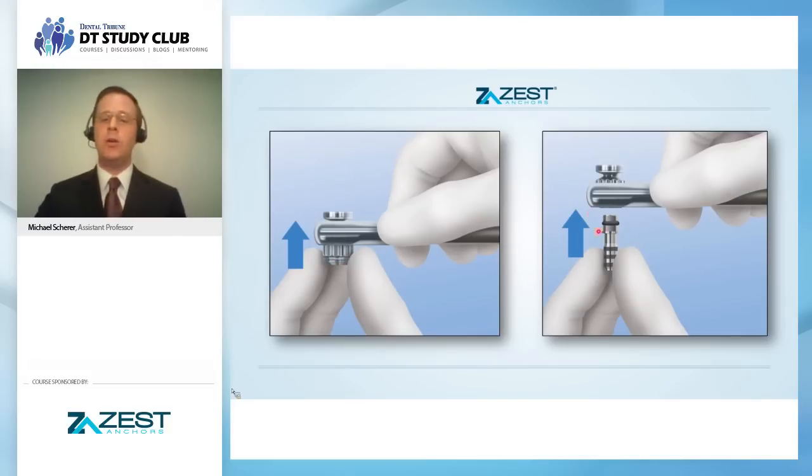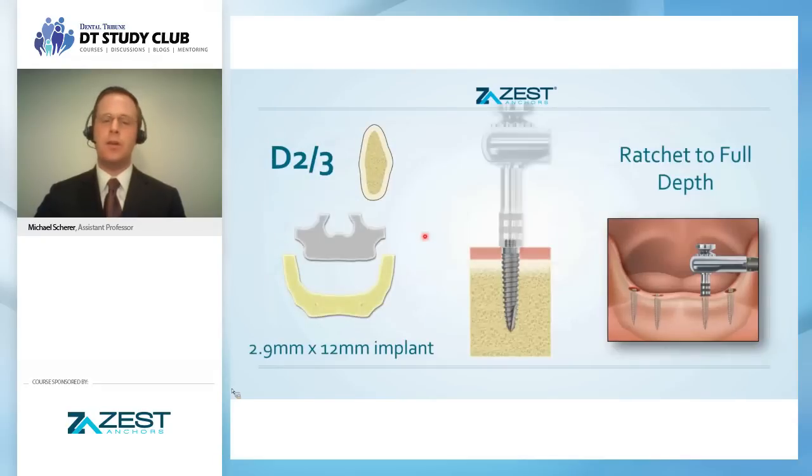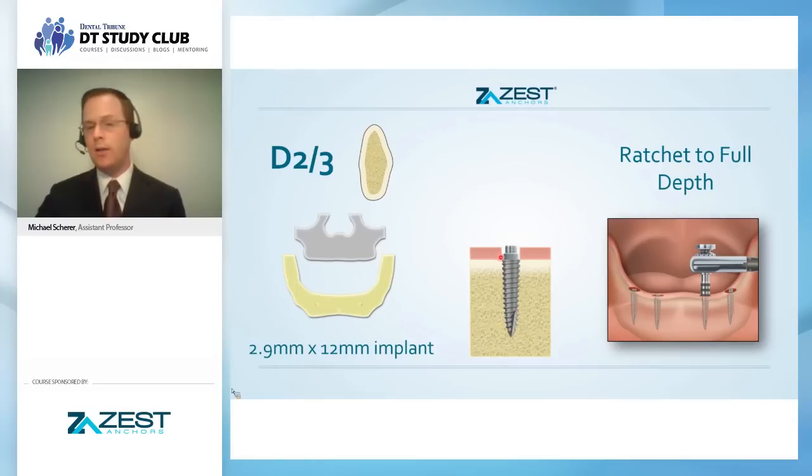And then they make these square drivers that are also compatible with the actual head of the implant. And what this allows us to do is sink the implant down until you get to full depth. And as you see here, the full depth of the implant is going to depend upon your tissue height, which you can determine based upon your cone beam radiograph.